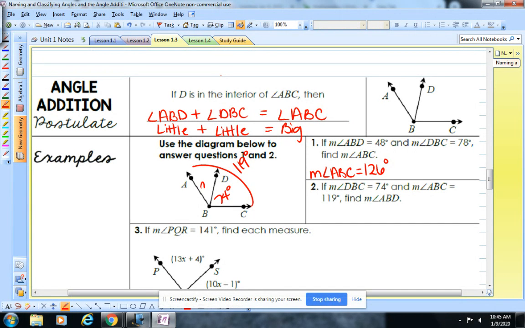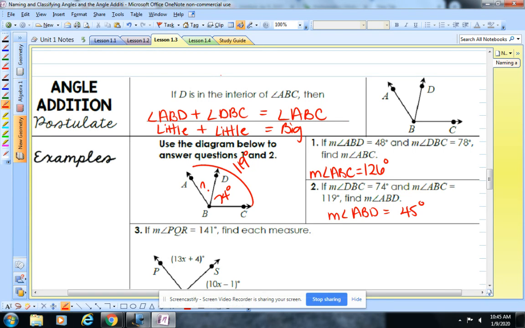That's right. And what is 119 minus 74? Is it 45? So the measure of angle ABD equals 45 degrees. So if they just give you numbers, that's all you have to do. Little plus little equals big, or if they give you the whole thing, you subtract the little one you know to get the other little one.